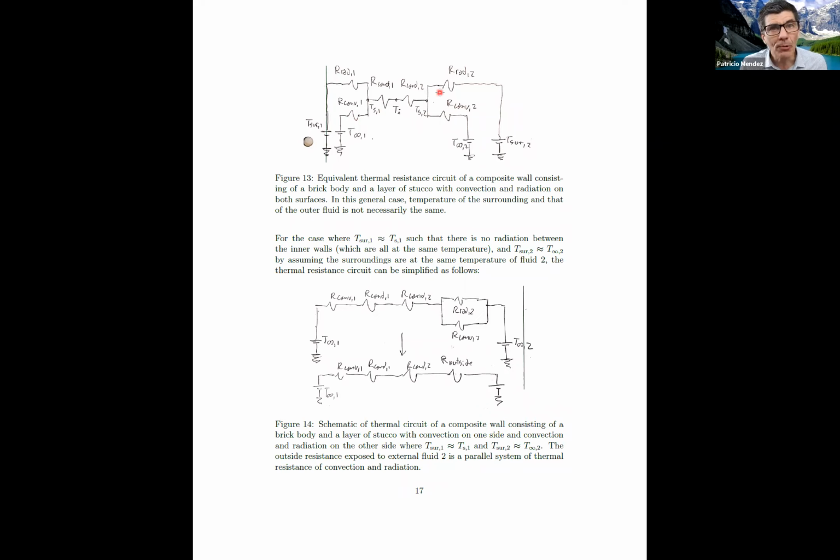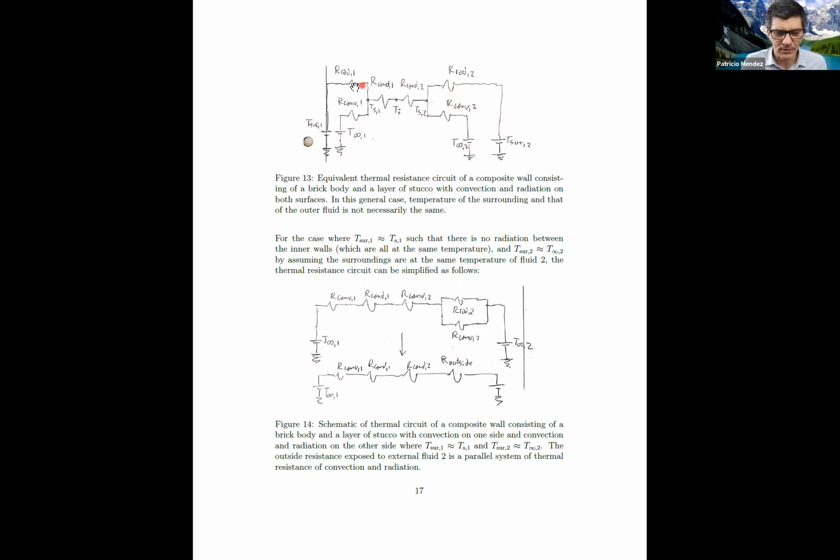And in addition, now we have the heat transfer by radiation that happens from the same surface to the surroundings. Here we have one going out by radiation to the surroundings in the outside of the house.